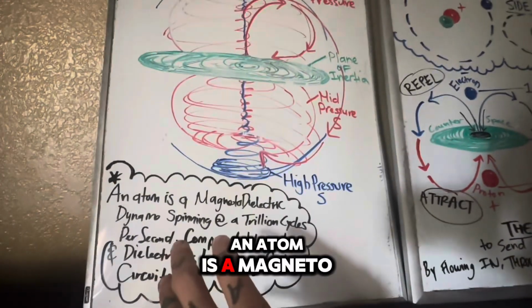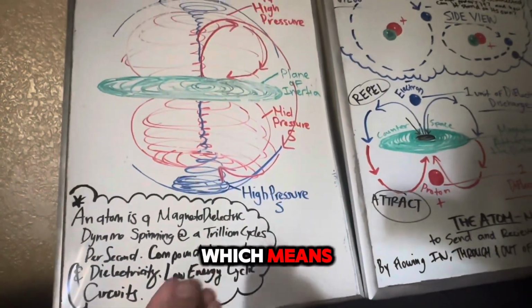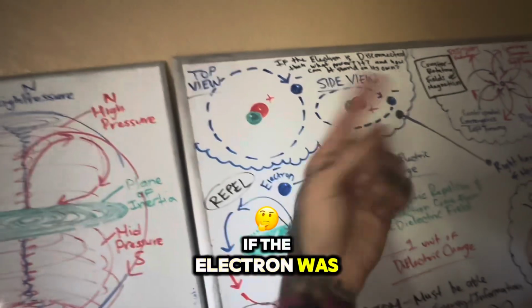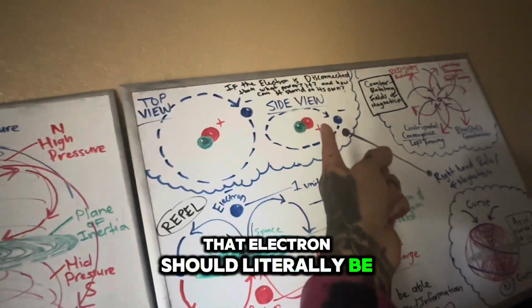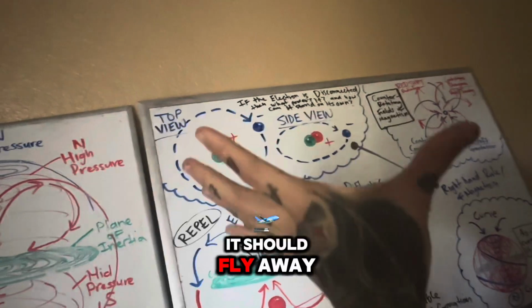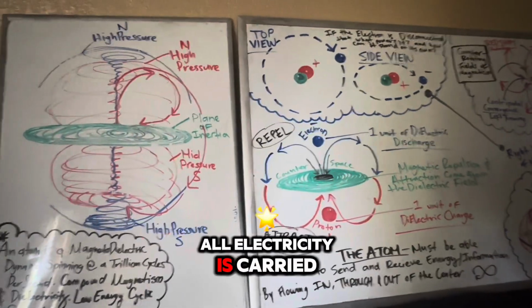An atom is a magnetodielectric dynamo spinning at 1 trillion cycles per second, which means if the electron was spinning at 1 trillion cycles per second, that electron should literally be flinging off. It should fly away from the center because it's going so fast. All electricity is carried by magnetism.